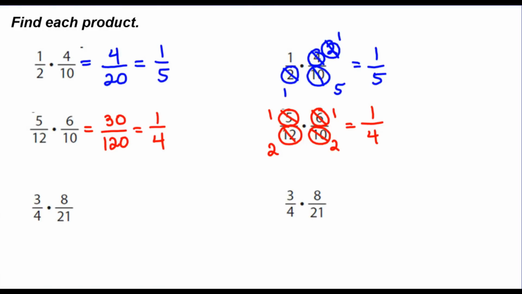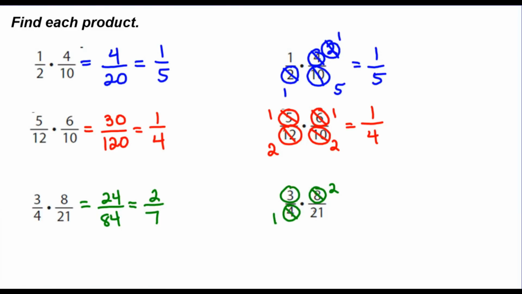Last one here. I have 3/4 times 8/21. And if I multiply first, 3 times 8 is 24, and 4 times 21 is 84. And these are both divisible by 12. I get 2/7. And then if I were to simplify first, 8 and 4 have a common factor of 4. So if I divide these both by 4, I get 1 and 2.